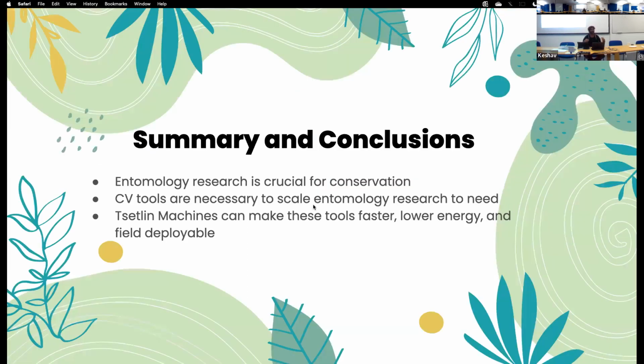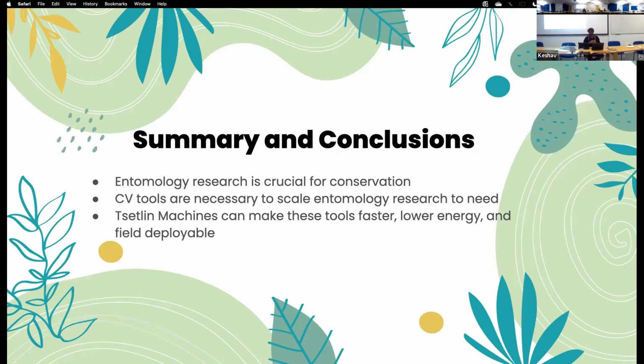Finally, for summary and conclusions, I'd like y'all to, at the very least, remember these three things. First and foremost is that entomology research is crucial for conservation. Insects have fundamental and diverse interactions within their ecosystems, and studying them during this period of environmental change with climate change is paramount.